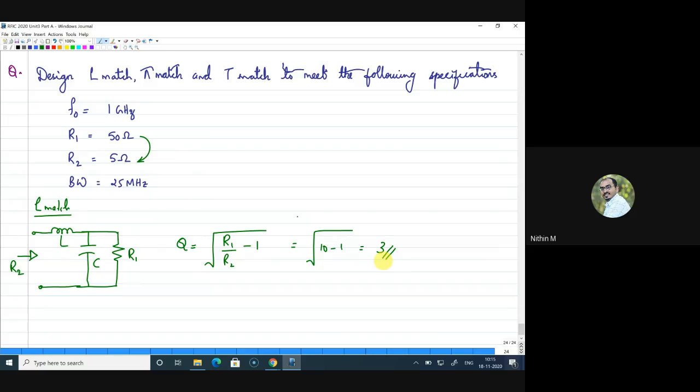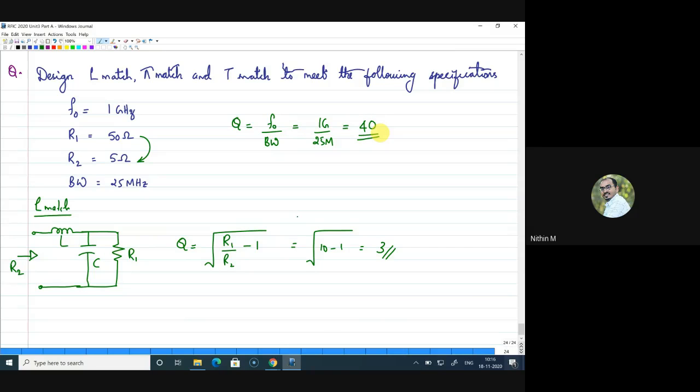So the Q factor that this L match can provide is only 3. But if you look at the specifications given, from the specifications we can find the Q factor. Q factor is nothing but center frequency divided by bandwidth, so the Q factor requirement from the specification is 1 giga by 25 mega, which is close to 40. That is the requirement.